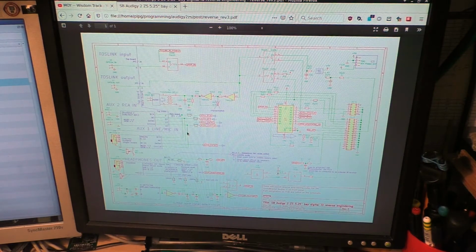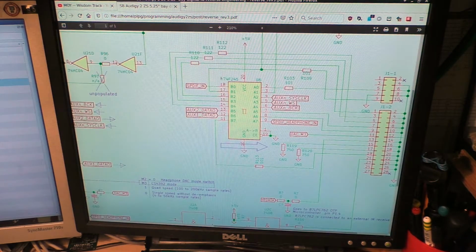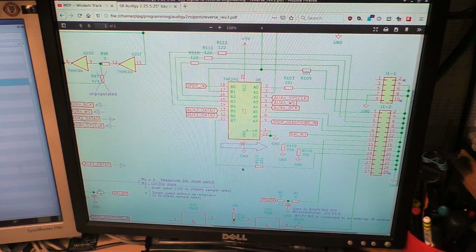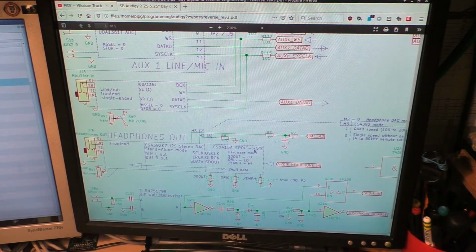Okay, this is an overview schematic of the digital part that I drew as part of this reversing, sort of as notes for myself. And as you can see, we've got the buffer here, 74F245. And yeah, the SPDIF signal we were talking about for the headphones comes in over here on the pin header, goes down through a resistor and comes out on the buffer here, and then it simply appears down here to enter the first IC, the second IC and the front end.